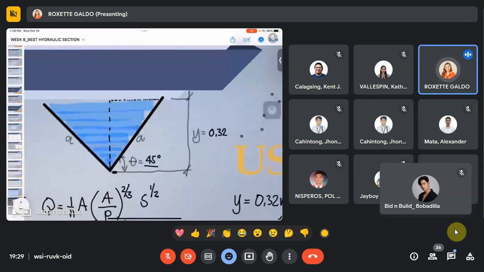So since this is 0.32, if this is 45, this is also 45. Okay. So now you can proceed using the Pythagorean theorem in solving the sides or the dimension of the sides of the triangular channel. So that's it.